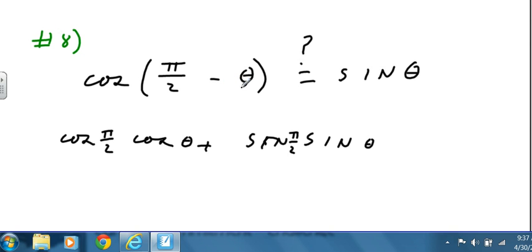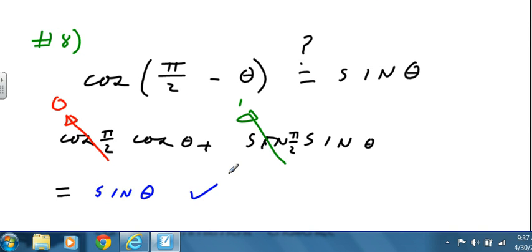That's not negative theta. Okay, it's just theta because I'm using a trig identity. Okay, so that being the case, cosine of 90 degrees is 0, sine of 90 degrees is 1, and I end up with sine theta, which is what I'm supposed to end up with, so I am done with that guy.